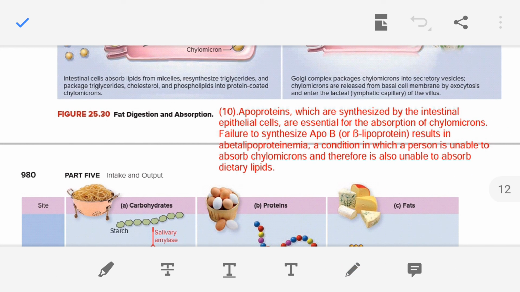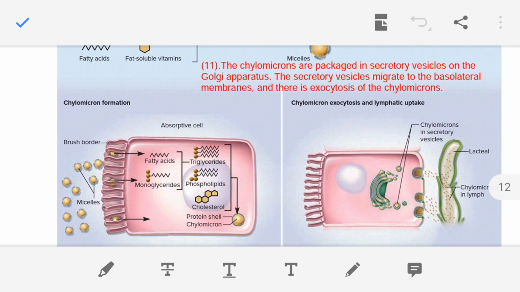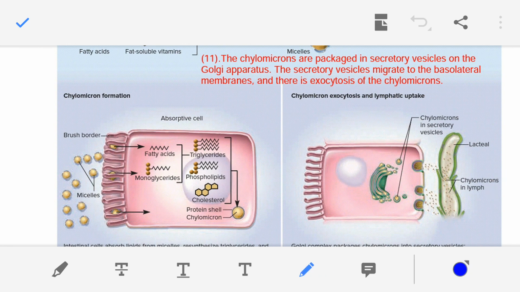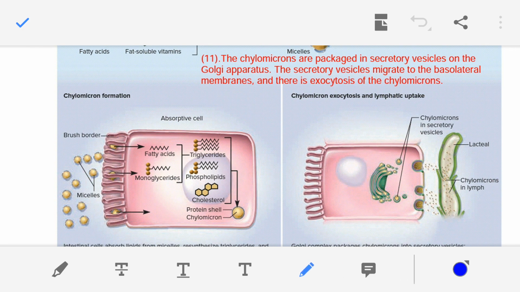Now, returning back to the main discussion of the chylomicron. The theory point is written over here. Here, this one is the chylomicron. Now, in the cell, what is happening? See, where is the chylomicron going? Chylomicrons are packaged into the secretory vesicle on the Golgi apparatus. First of all, this chylomicron will reach the Golgi body.